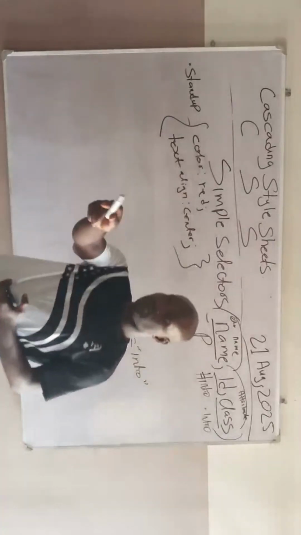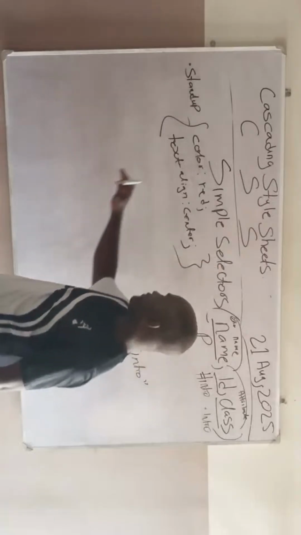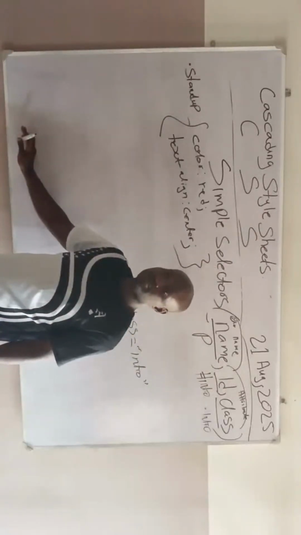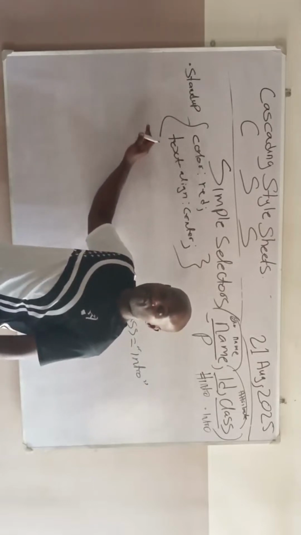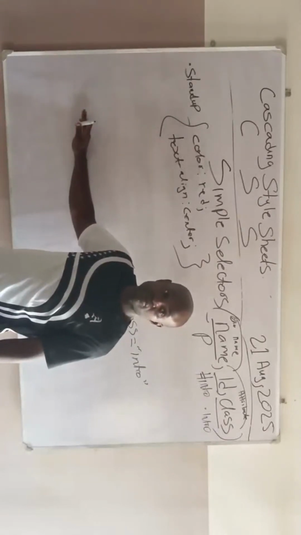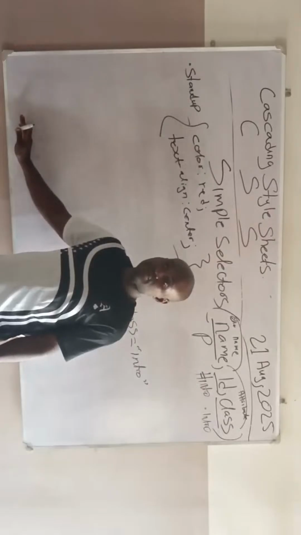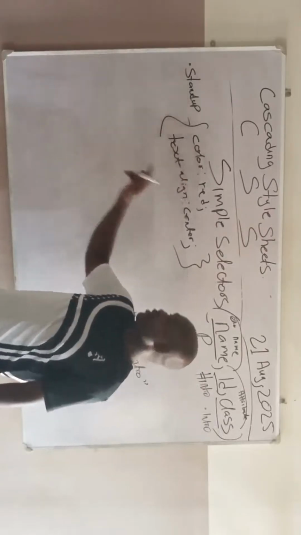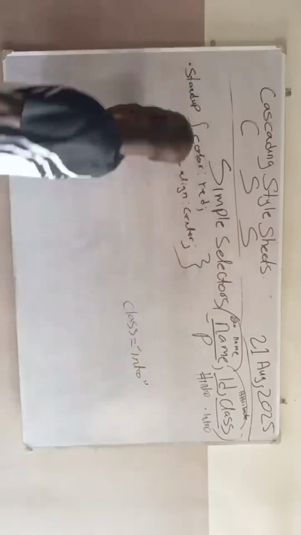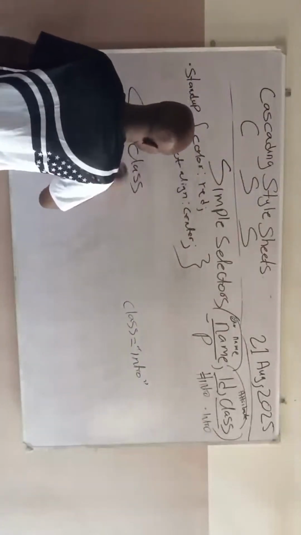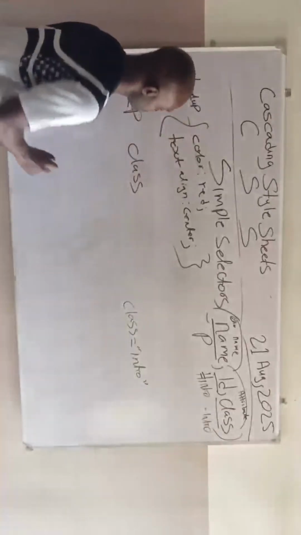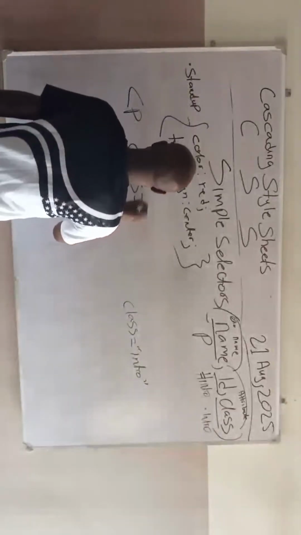Now this answers the question you asked me that time. Where you have 20 paragraphs, and you want some specific paragraph, maybe paragraph 1, paragraph 2, and paragraph 5, to obey this. All you need is to come to paragraph 1. P, class equals to what?